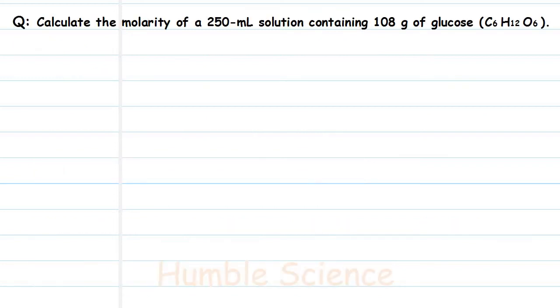For this one, it asks to calculate the molarity of a 250 milliliter solution containing 108 grams of glucose. Alright, we know that n is equal to molar times liters of solution.